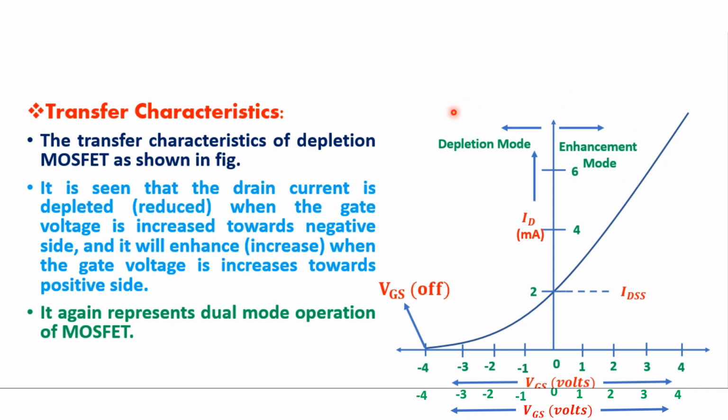You can look at this figure, where this is the depletion mode, by maintaining gate to source voltage negative, and here on this graph this is the enhancement mode, by maintaining gate to source voltage positive. So hence the depletion MOSFET is also called a dual mode MOSFET.